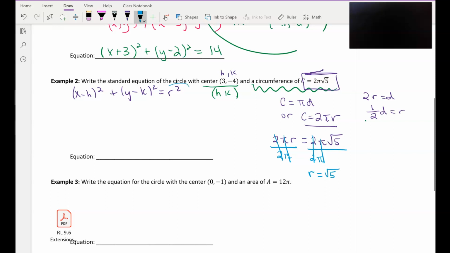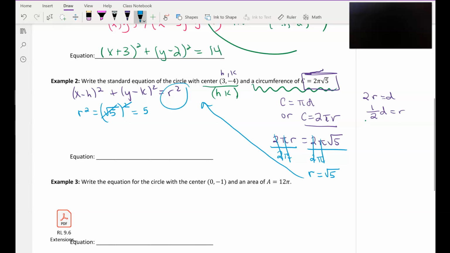Now we don't want the radius, we want r squared, but that's easy. Squaring a square root, those things undo each other, so to speak. So the square root of 5 squared is just the number 5. The exponent and the square root cancel out.